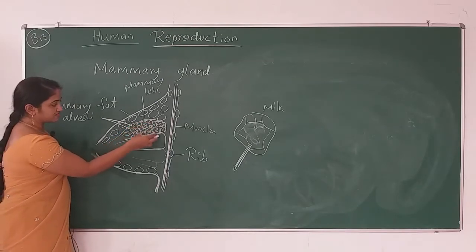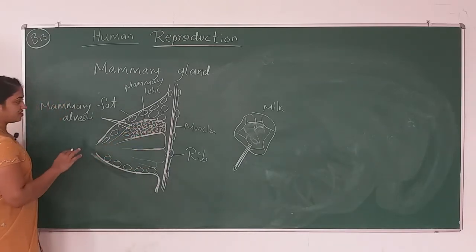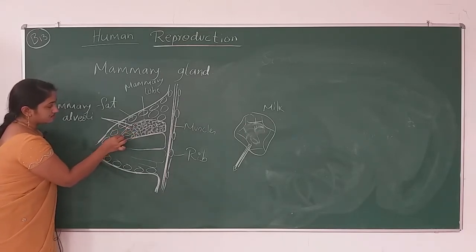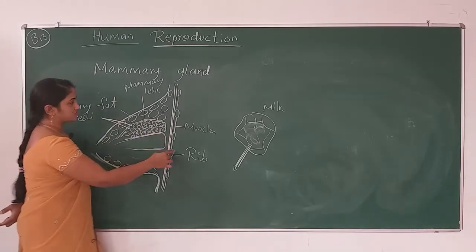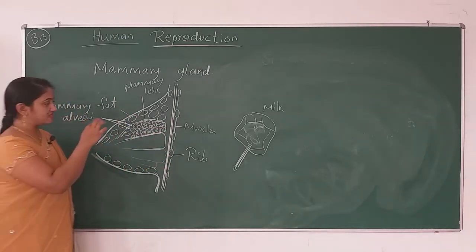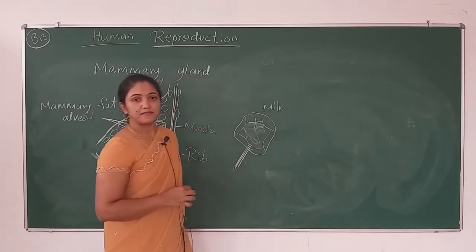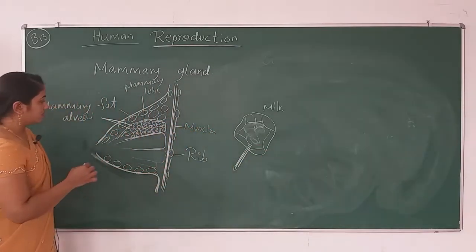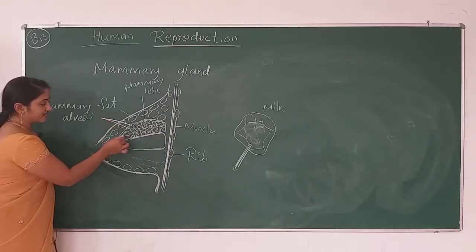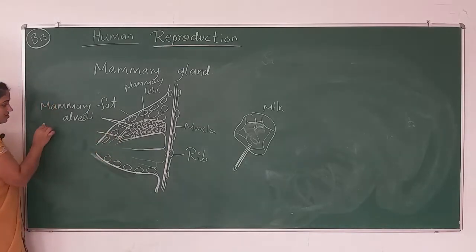Draw the same structure in these lobes so that it will be complete. When the alveoli secrete the milk, it is conducted through the mammary tubule. Each tubule gets connected with one another, and it opens to the mammary duct.